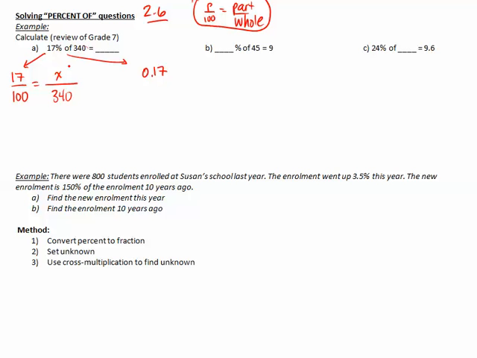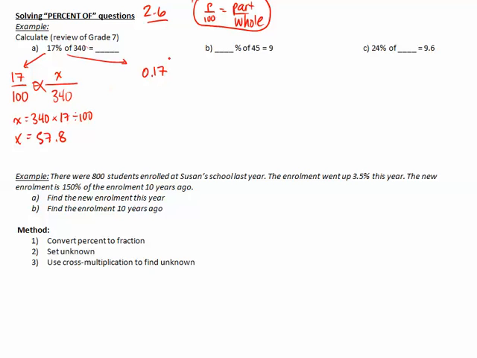In order to solve this, we can either use cross multiplication, or we can use scale factors in order to solve this problem. If we use cross multiplication, X equals 340 times 17 divided by 100, and I find that X is equal to 57.8.